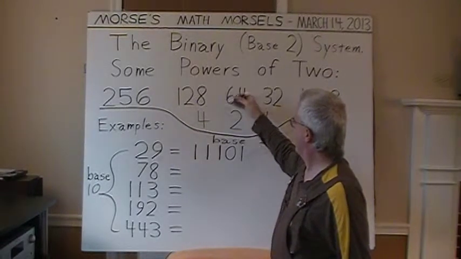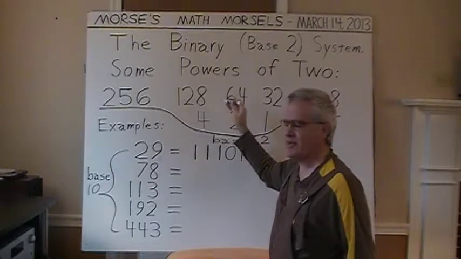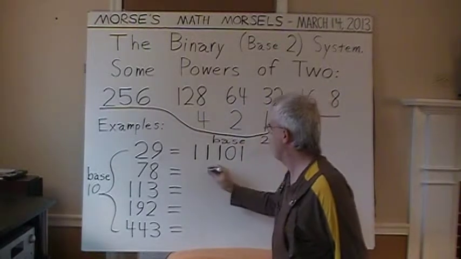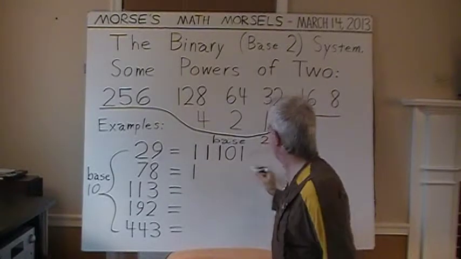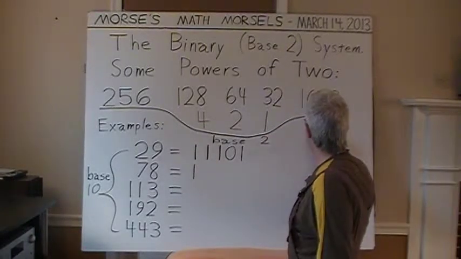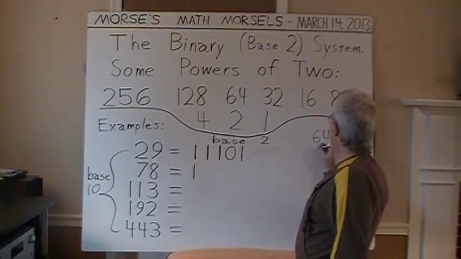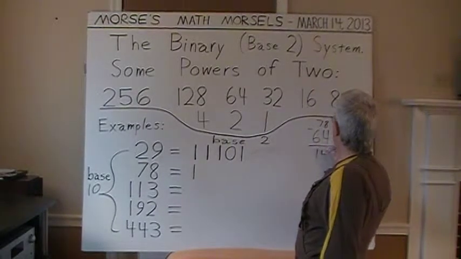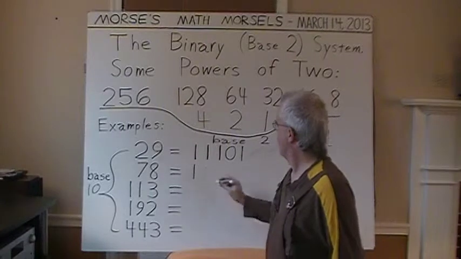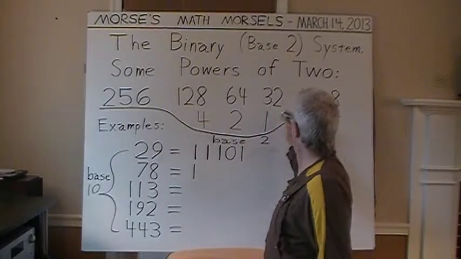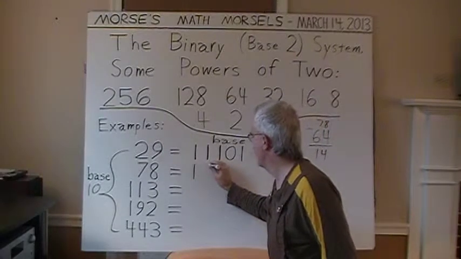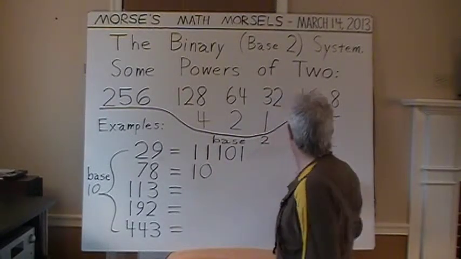78 needs a 256 or 128? Nope, those powers of 2 are too big. Let's go down to the next lower number, 64. Yeah, 64 will work, so I'm going to put a 1 for the 64. And let's take 64 from 78. That leaves 14. How about 32? Well, 32 is too big to fit in 14, so we need that placeholder 0 again.